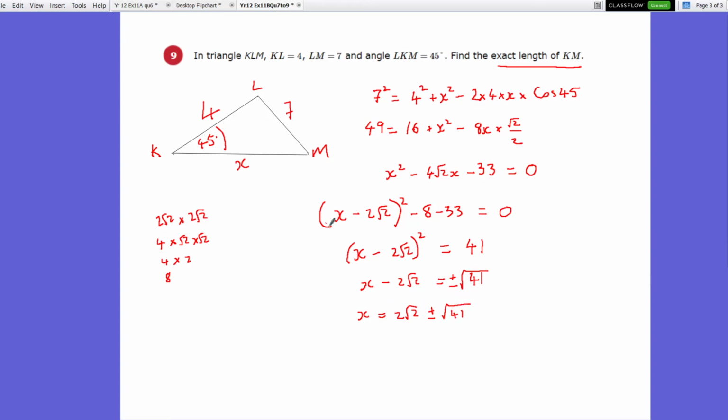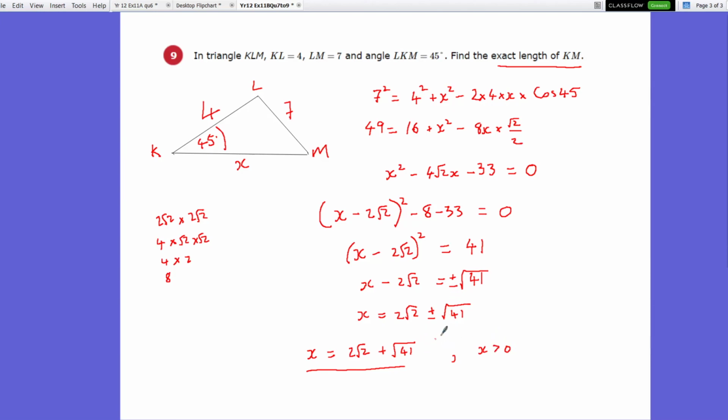Now, just be careful, because 2 root 2 minus root 41 is going to give me a negative, and sides of a triangle can't be negative, so the only solution is x equals 2 root 2 plus root 41, since x has to be positive.